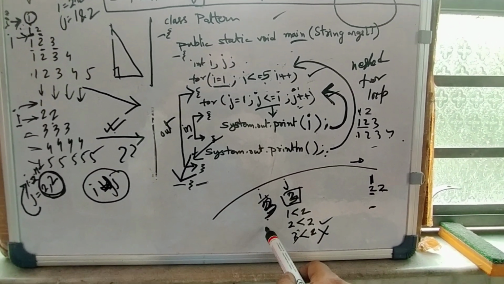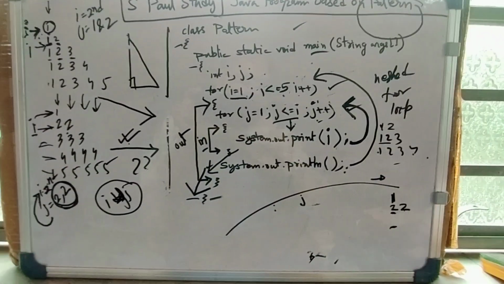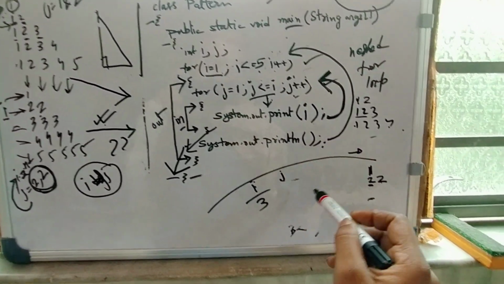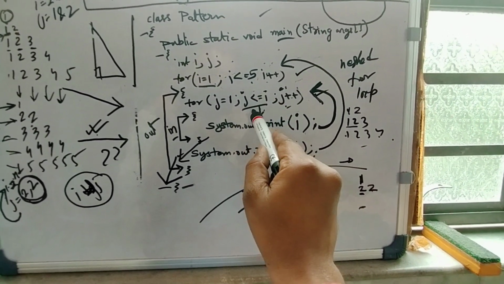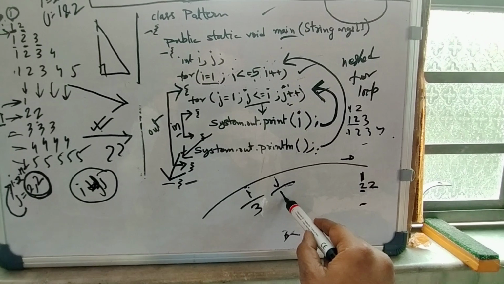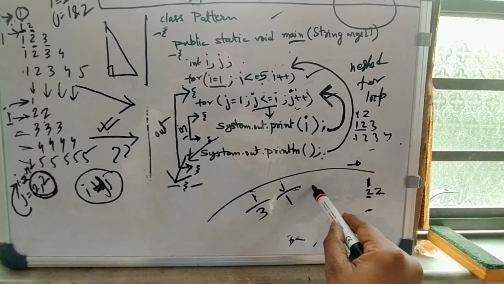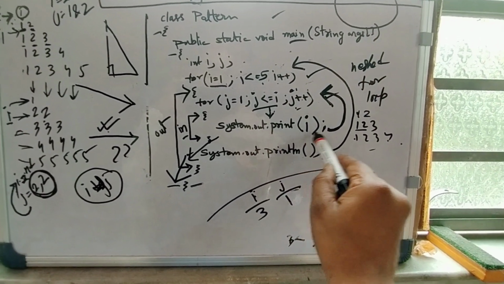Once the value of i is increased, i is now 3. Once i is 3, it checks with 5, goes down, and j again starts from 1. Now 1 is less than or equal to 3, so it comes down and prints the value of i, not j.